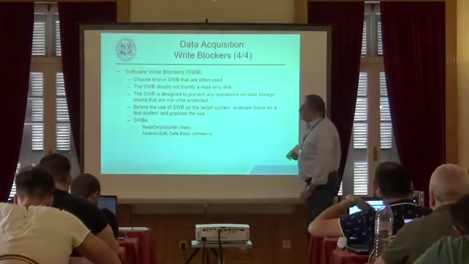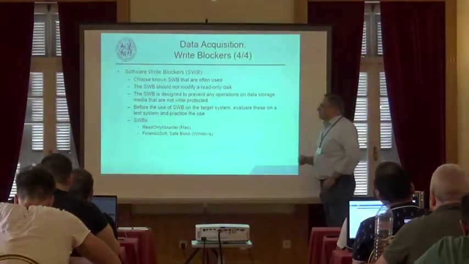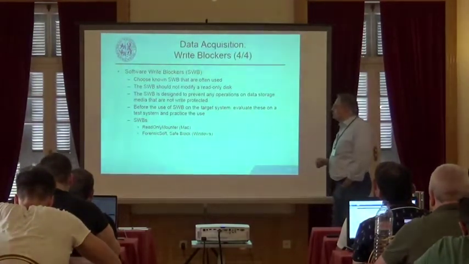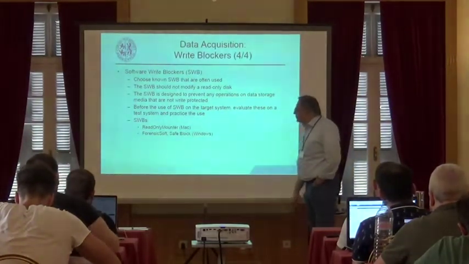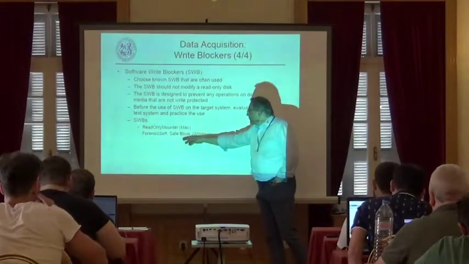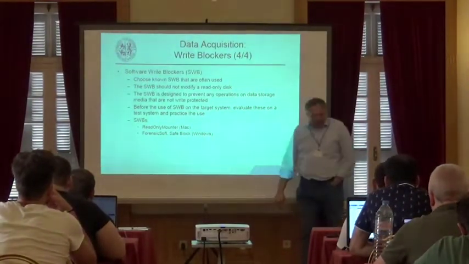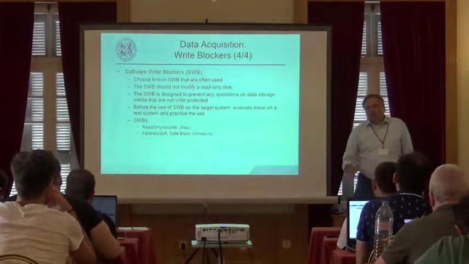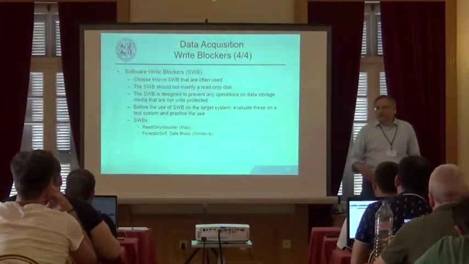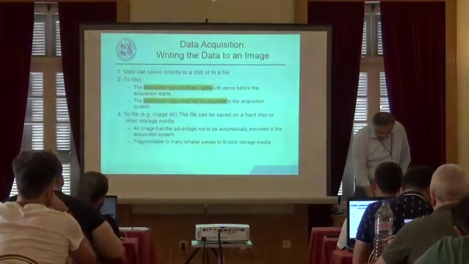And we need to essentially do a dry run of the software on a non-production disk to make sure that we understand how it works. And here we have a bunch of software: the read-only mounter for the Mac, the forensic soft, the safe block for Windows, and in Linux, you can mount a file system read-only using the operating system mount command.